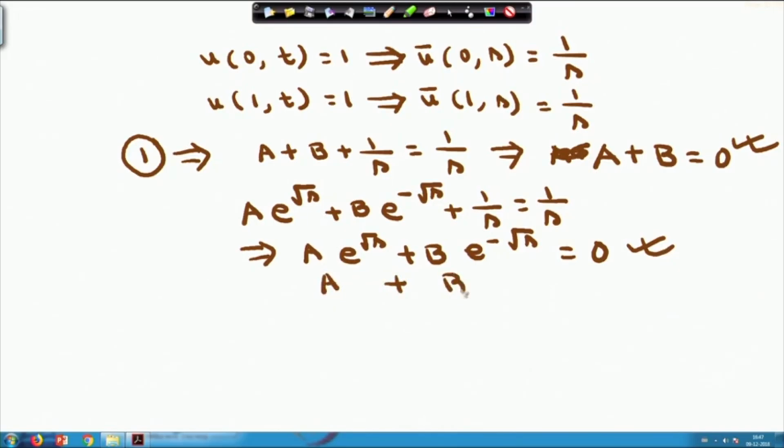So, effectively I have these two equations and I want to find out the solution of this. Now, if I take the coefficient determinant of these two equations, what I will obtain is 1, 1 and e power root s, e power minus root s.